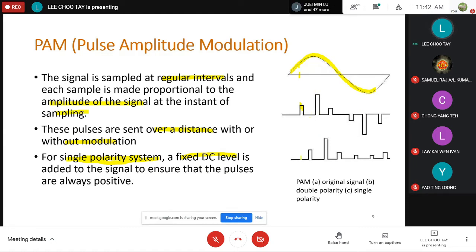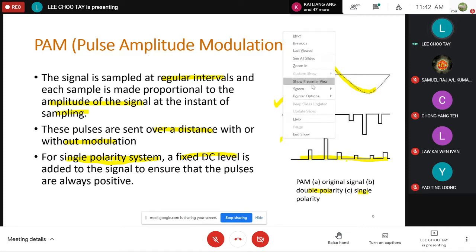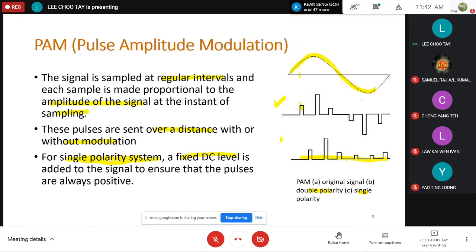But if your system can work on double polarity, then you can transmit this one as it is. This one is for single polarity. I missed out A, B, and C, so you may want to fill it in. This is A, this is B, and this is C.